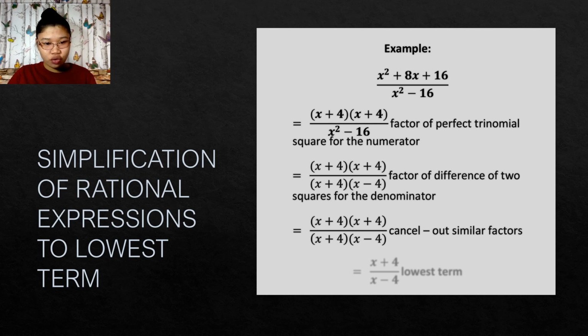Let's pick blue, a good color of highlighter. We may cancel out x plus 4 in the numerator and x plus 4 in the denominator. Our final answer will be x plus 4 over x minus 4. That is the lowest term or the simplified version of our example, x squared plus 8x plus 16 over x squared minus 16.